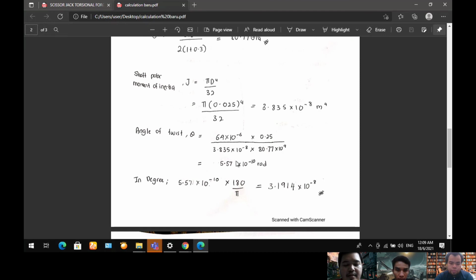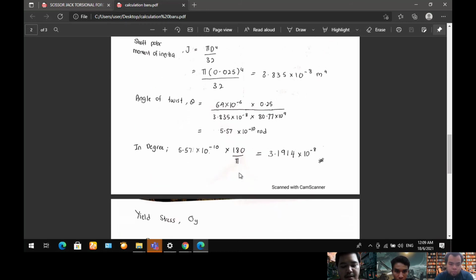The formula is theta equals torque times L divided by the shaft polar moment of inertia times shear modulus, and we get the answer 5.618 times 10 to the power of negative 10 radian. In degrees, we get 32.18.